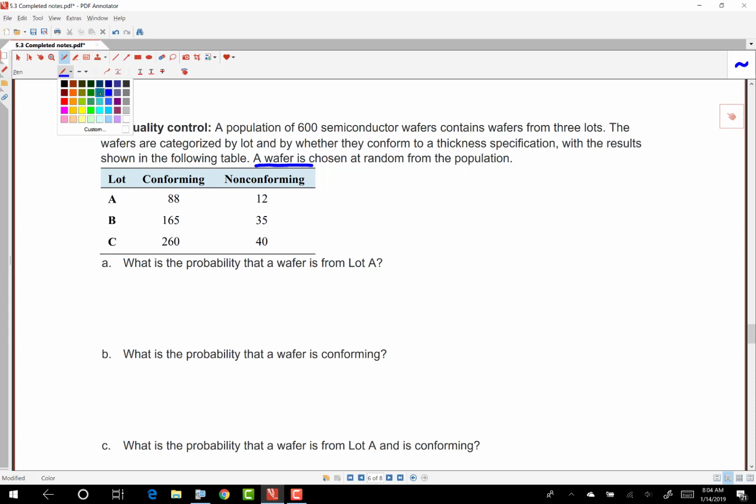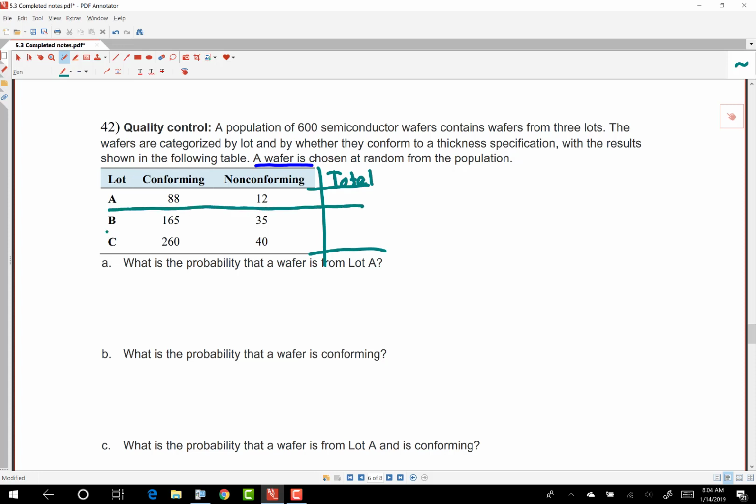And they don't give us totals on this one, so I'm going to add to my table here with totals. I'm going to have to write over, I didn't leave myself enough room. Okay. So let's put in the totals. So lot A, we have a total of 88 plus 12, that's 100.